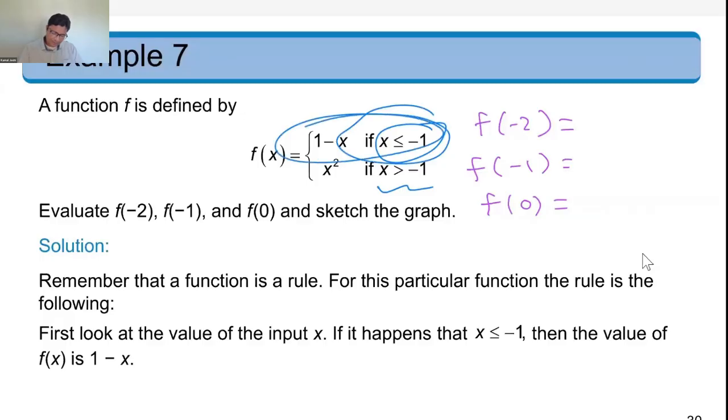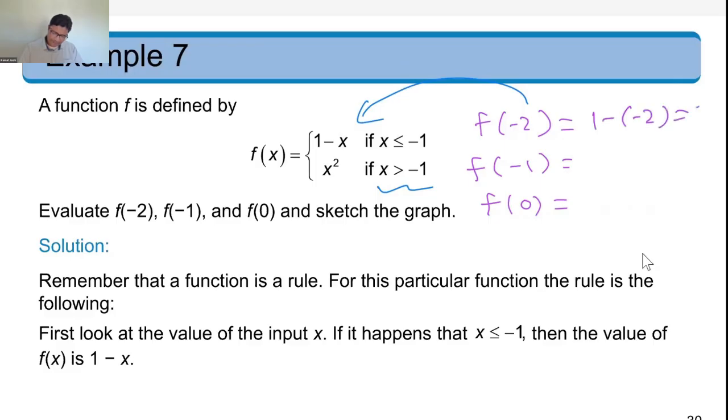I'm in this territory, so I have to use this first rule. And f of minus 2 there would be 1 minus minus 2, which is 3. At minus 1, I'm still in the first rule because x is equal to or less than minus 1, right? So 1 minus minus 1, 2.